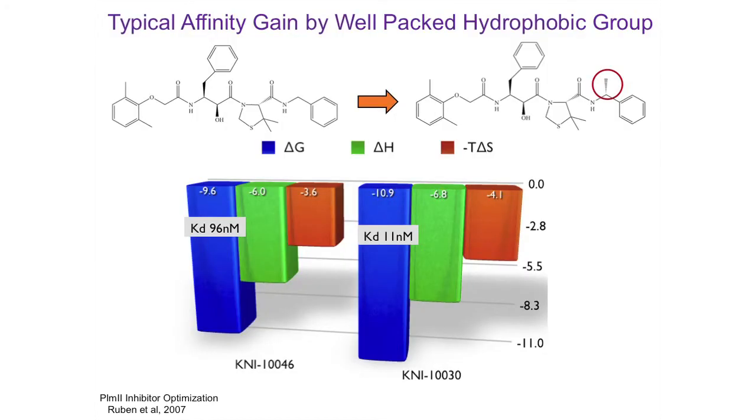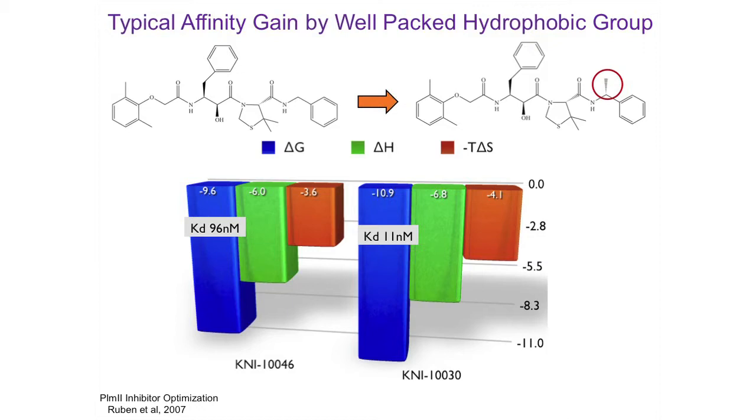Let me give you some examples. These are 2 compounds, and I'm going to present pairs of compounds that vary in only 1 chemical functionality, so changes can be attributed to that functionality. And obviously, for example, in this case, we have a methyl group. And if we measure the thermodynamic signature, we see that the affinity improved by about a factor of 8.